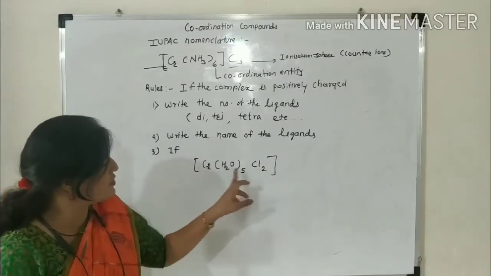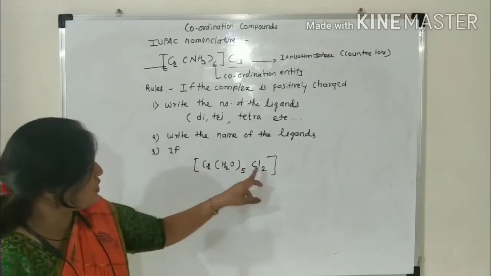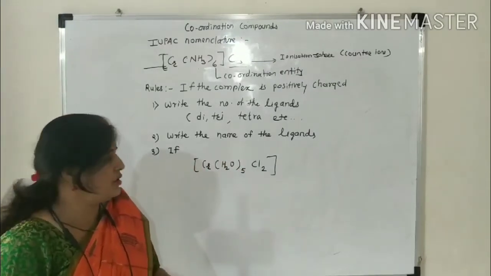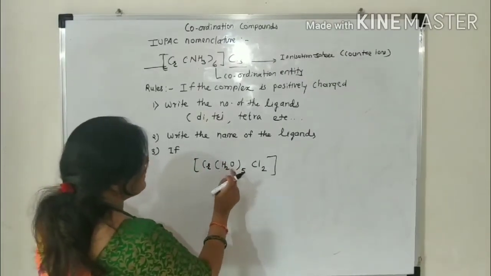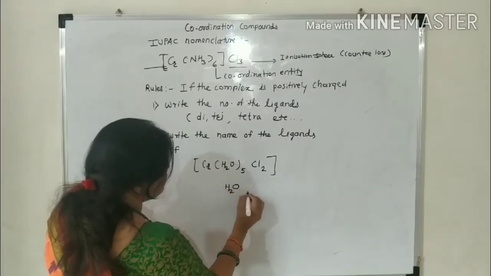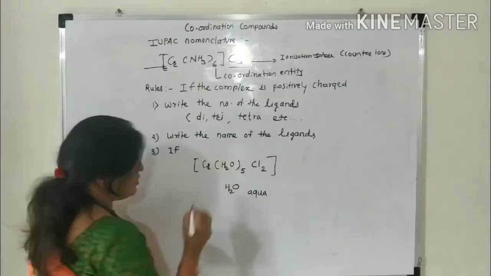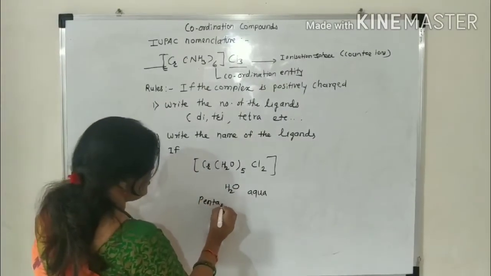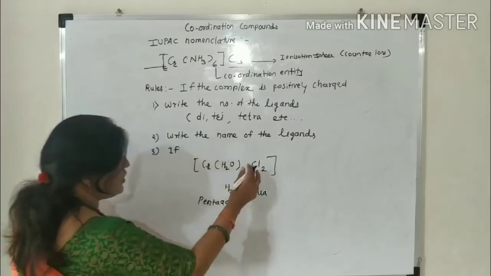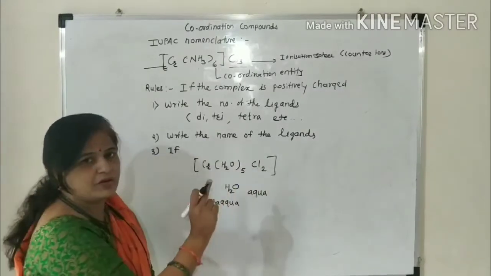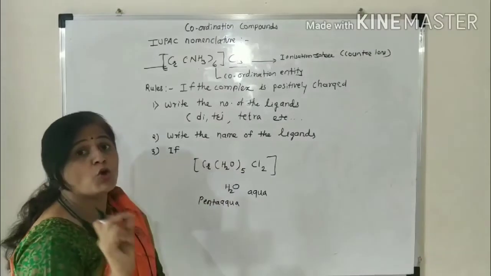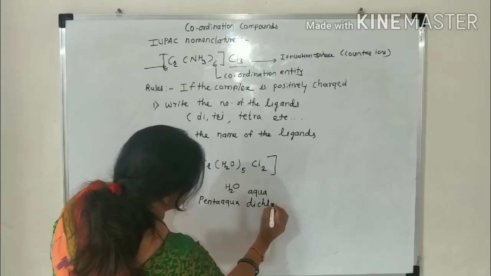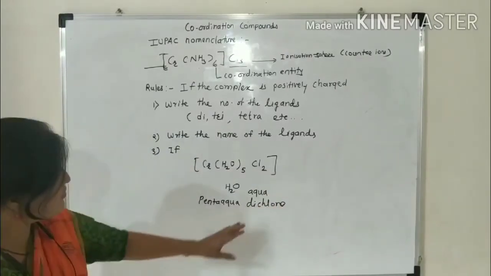Which 2 types of ligands are present? One is H2O, another is chloride. Therefore, you have to follow the alphabetical order here. This H2O means aqua, how many times? Penta aqua. And this chloride you should write as chloro, and that is 2 times. Therefore, dichloro.